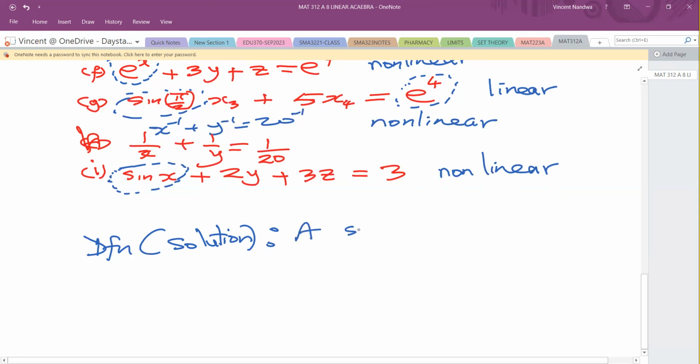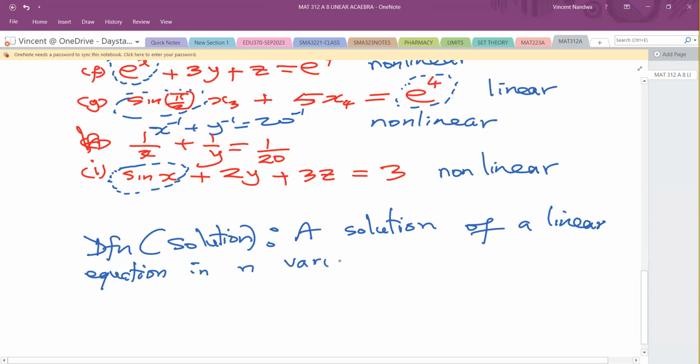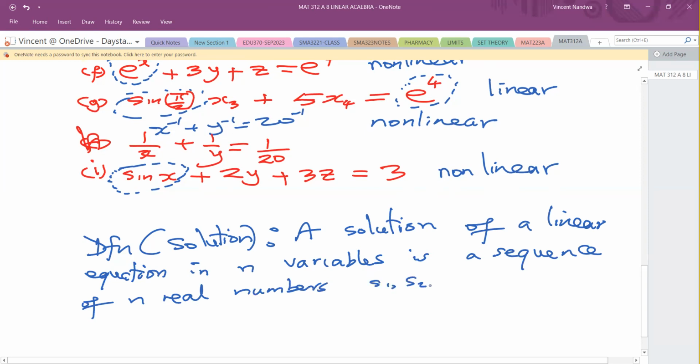So we can say a solution of a linear equation in n variables is a sequence of n real numbers S1, S2, S3 up to Sn, arranged so that the equation.